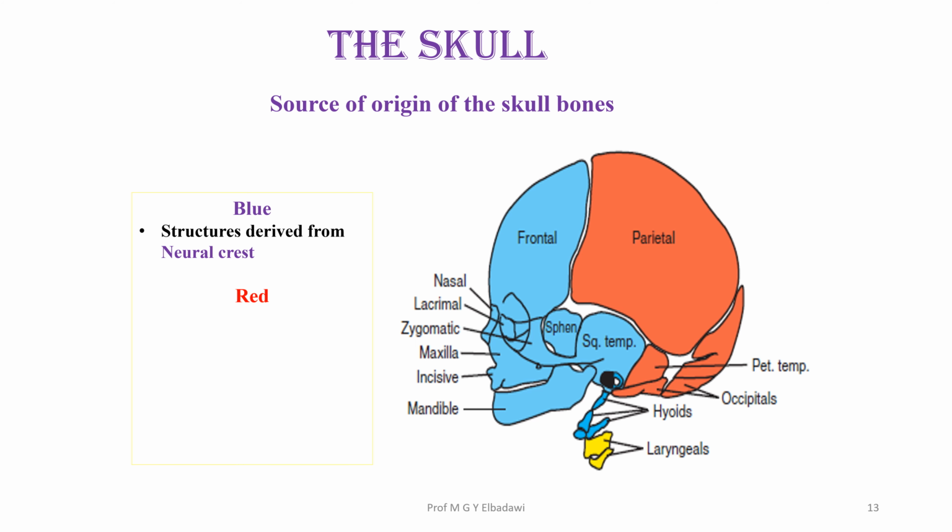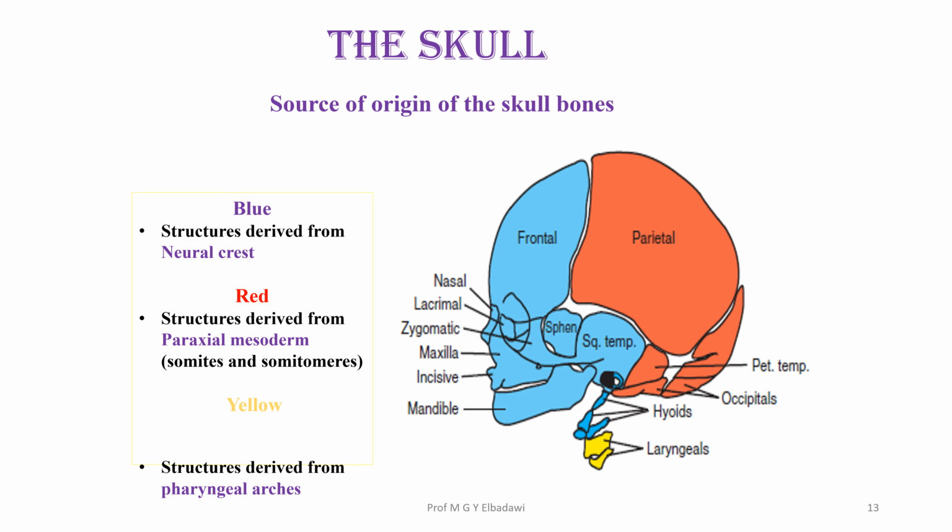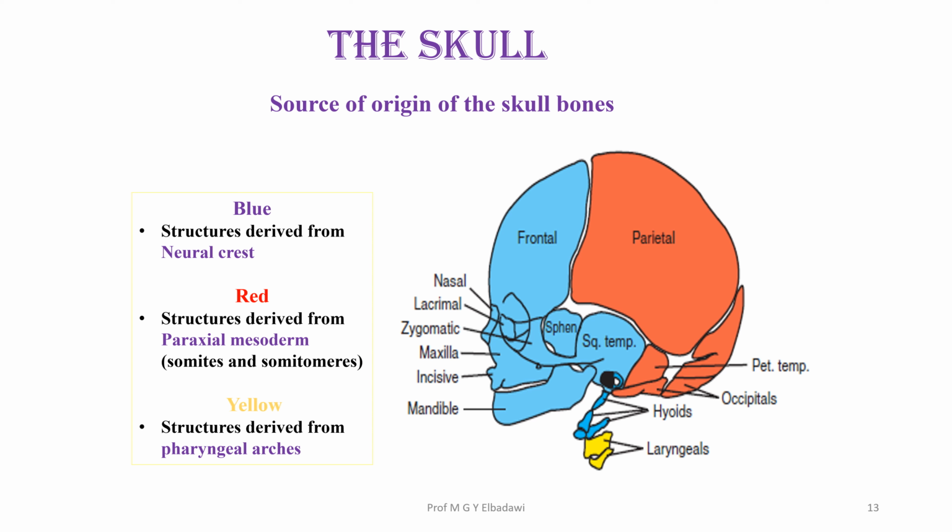Those in red are structures coming from the paraxial mesoderm, the somites or somitomeres. You can see the parietal, the occipital, and part of the temporal. Those in yellow are the structures derived from the pharyngeal arches, and those are mainly the laryngeal cartilages. That is the skull development background.